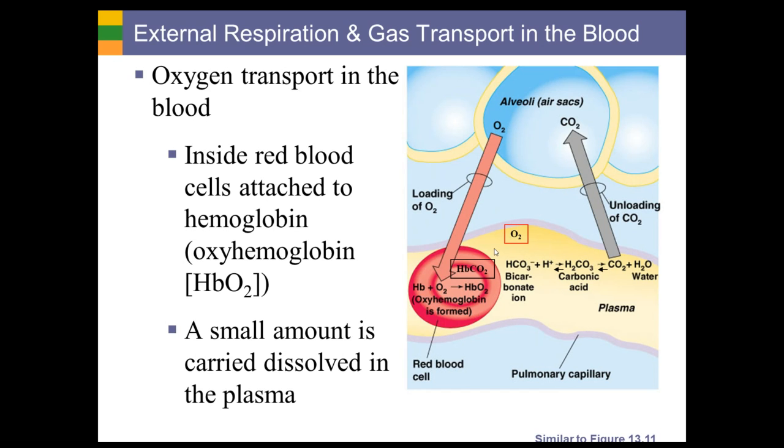First, it enters the plasma, then it enters the red blood cells. Most of the oxygen is going to bind to hemoglobin, which I have shown here abbreviated as Hb. This is a figure in your book. Oxygen binds to hemoglobin and forms what's called oxyhemoglobin.